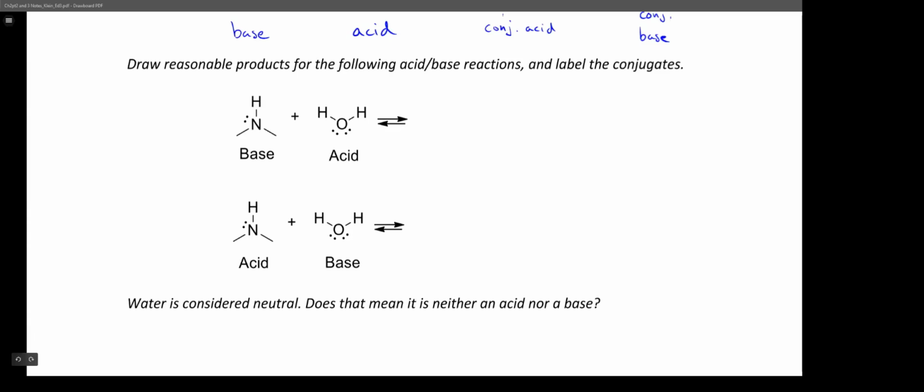Okay, so if this is the base, then we would form what? N. Oops, sorry, those are carbons. And we would now have 2 hydrogens and the positive charge on the nitrogen, correct? On this side, we would lose one of the hydrogens.